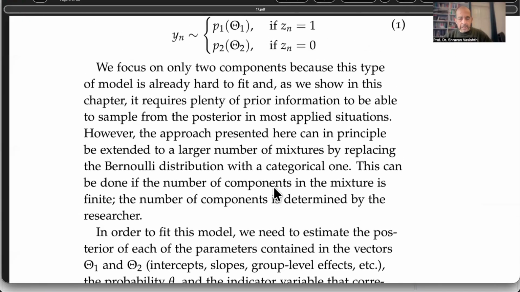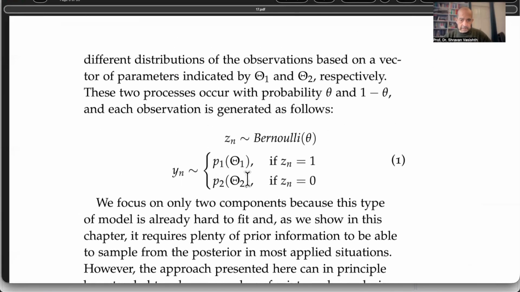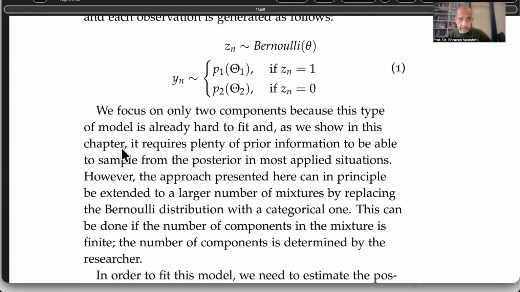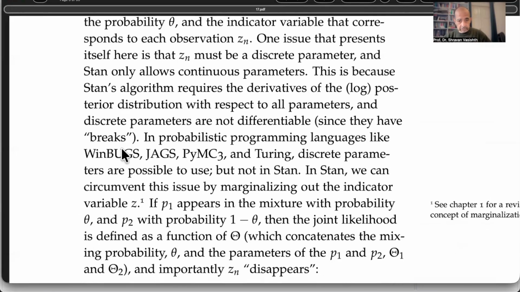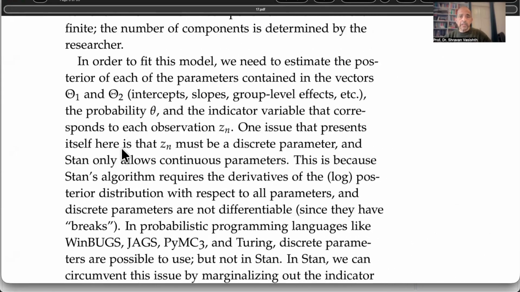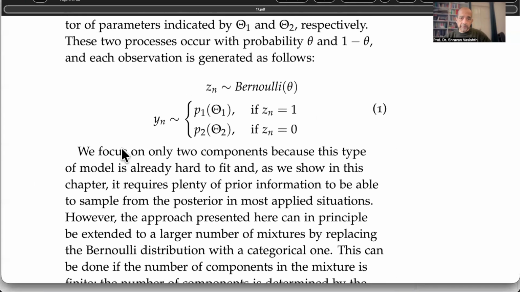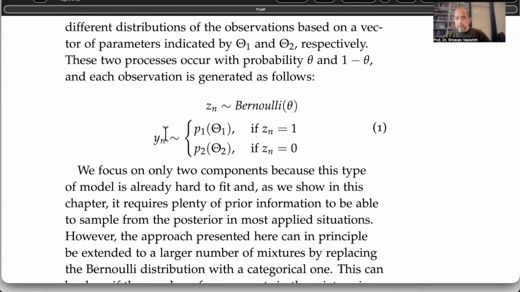So what we are going to have to estimate is this theta probability, and of course these vectors of thetas. These are all the parameters in the model that we have to figure out, get posteriors on. Now, one issue with Stan is that because it uses Hamiltonian Monte Carlo, it cannot deal with discrete parameters.